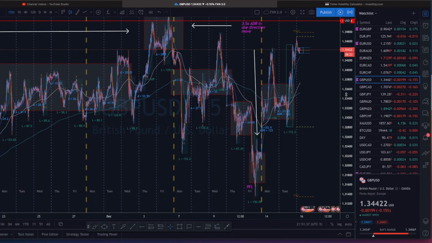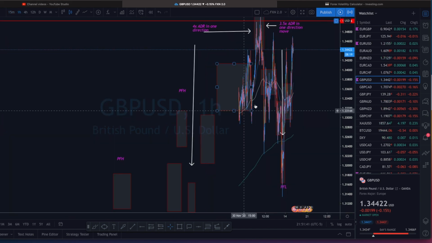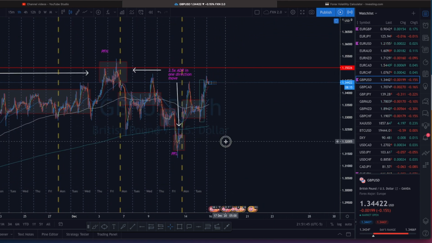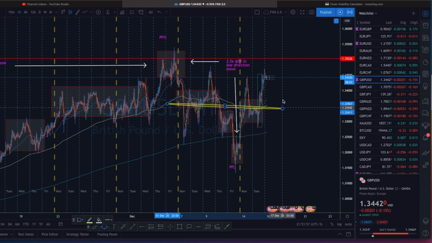All right. So we have pound USD here, and if you saw the video yesterday, we were talking about coming off of peak formation high here, and then basically this entire thing here, right?